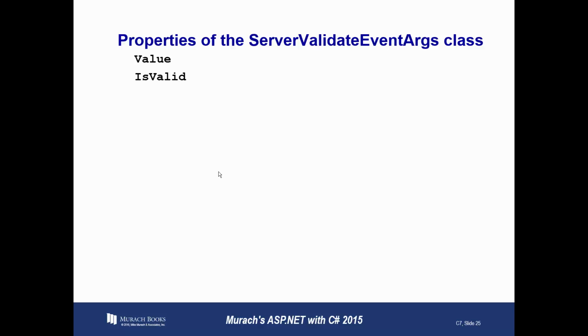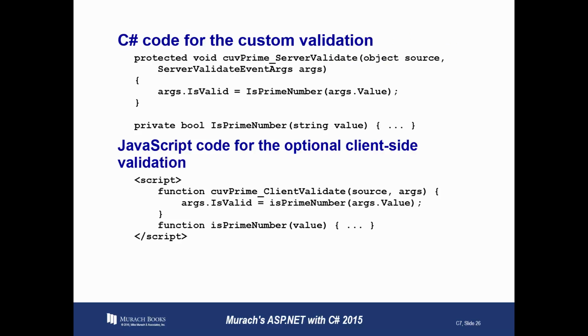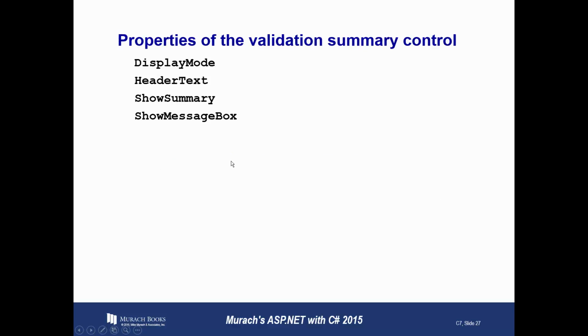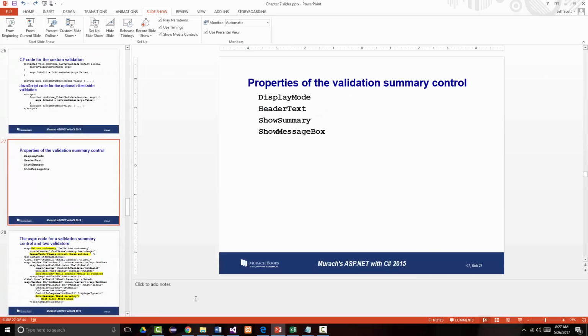Again, I'm being a little bit off there, but normally it will. All right. So there's your code for custom validation. Let's talk about the validation summary control. Okay? All right.